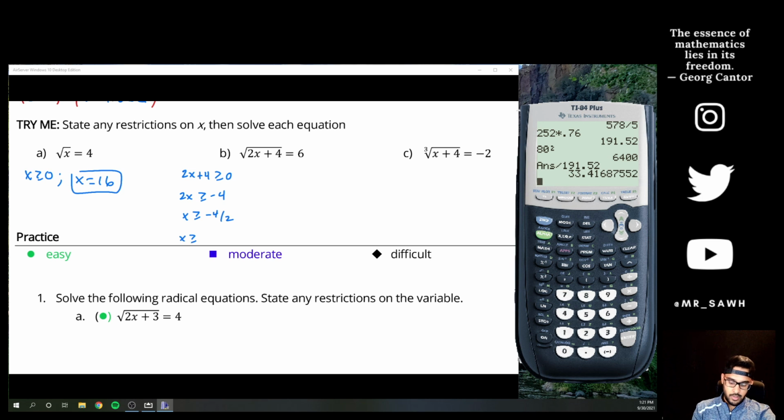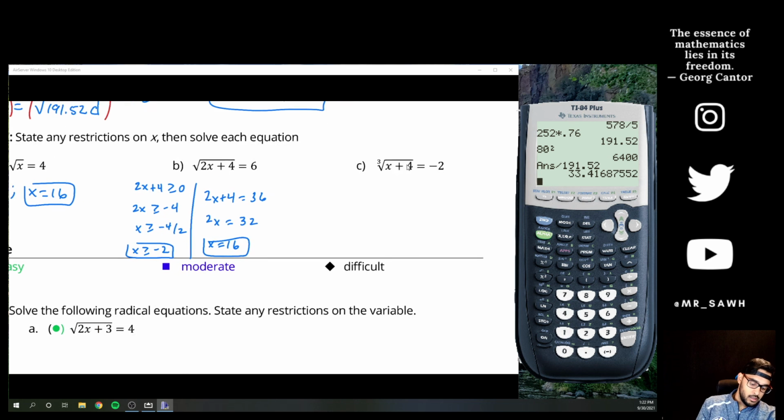So x has to be greater than or equal to negative 2 for this situation to be true. Solving this now, if I square both sides, I get 2x plus 4 is equal to 36, which means 2x is equal to 32, which means x is equal to 16. Okay, so there is my answer, which fits in my restrictions, so we're okay.